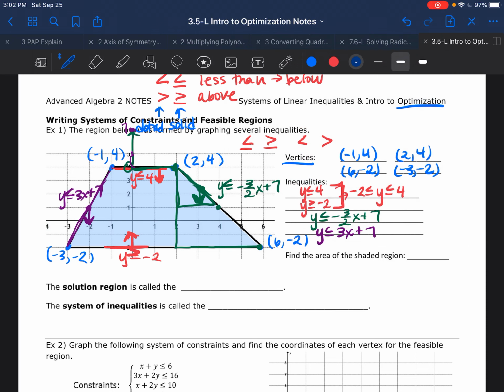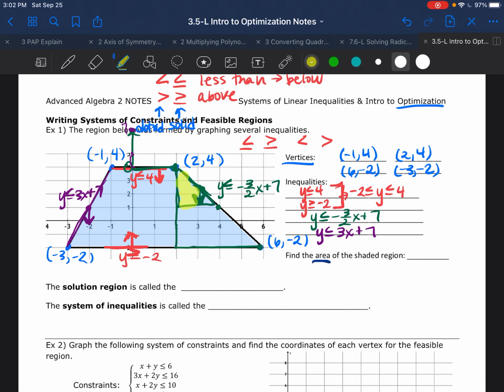So the area, if you don't remember the formula for a trapezoid area, you can break the shape up into triangles and rectangles. And so let me use a highlighter.